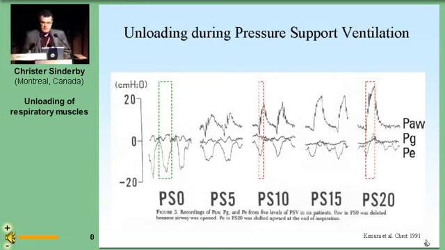Is this a relaxation of the muscle, or is this a forced pressure swing by the ventilator? Going to an even higher level of assist, we see that the pre-inspiratory effort is smaller, the drive is probably reduced, and the positive swing is bigger, and it's also pushed into a level which is above FRC. Now, can we relax above FRC, or is this something that the ventilator does?